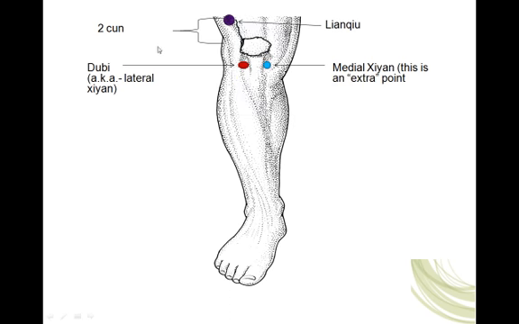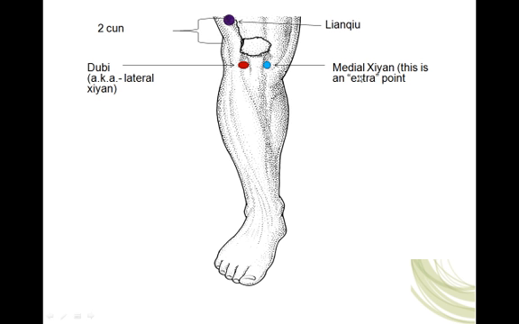Okay. And we'll be talking about stomach 35, Dubi, calf's nose, which is here, lateral to the patellar tendon or patellar ligament. It's also known as lateral Xiyan. Medial Xiyan, right here on the medial side of the patellar ligament, is an extra point.